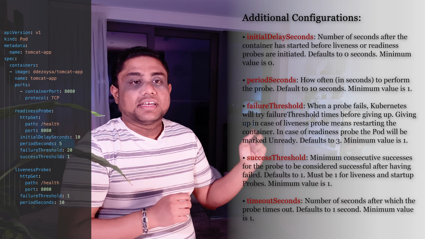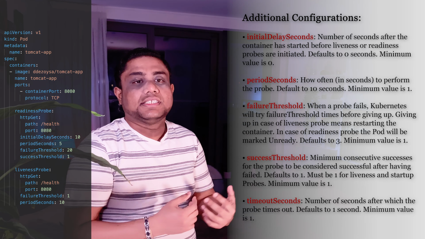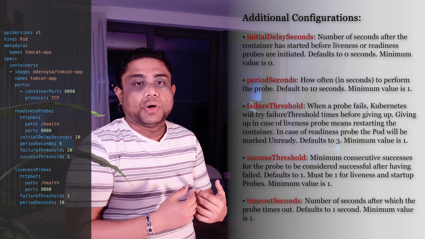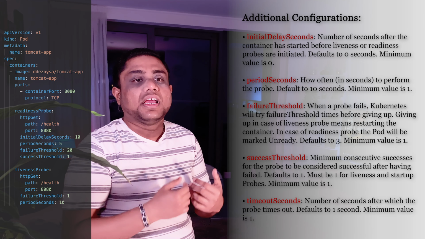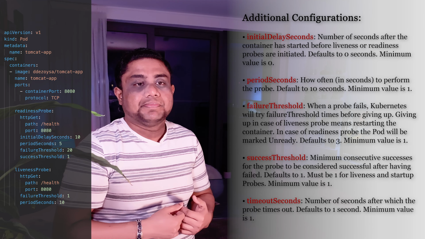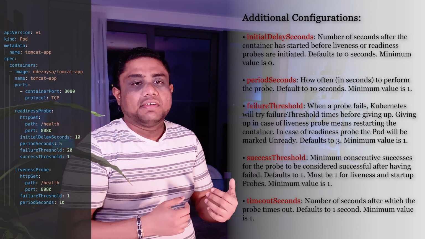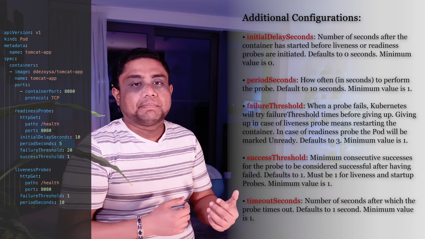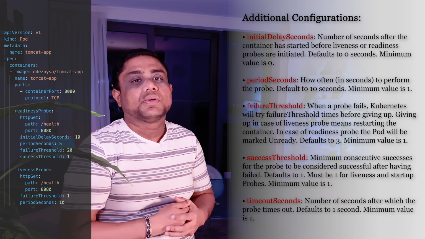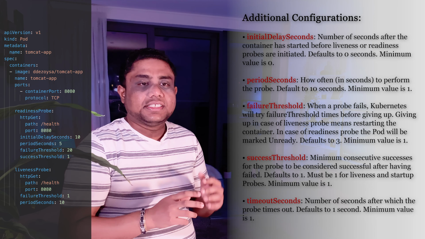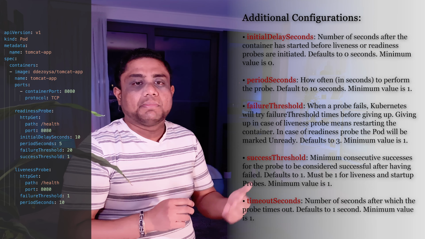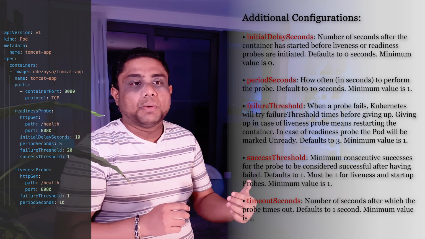The successThreshold configuration is the minimum consecutive successes for the probe to be considered successful after having failed. The default value must be 1 for liveness and startup probes, and the minimum value is also 1. timeoutSeconds is another configuration to define the number of seconds after which the probe times out.